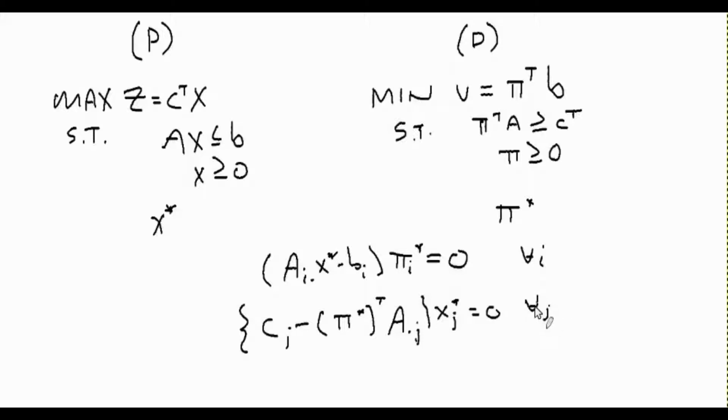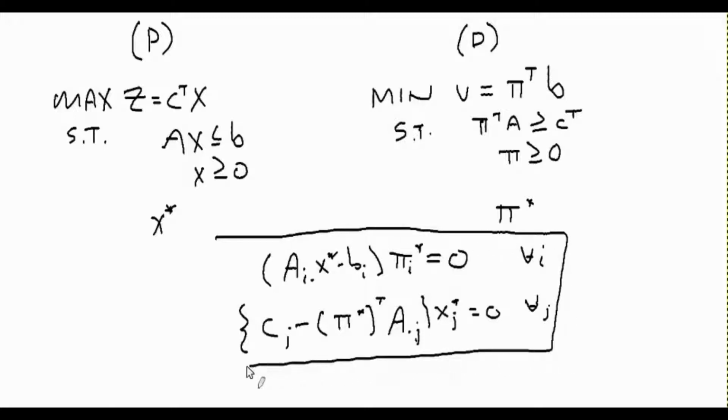So there's one equation for each row of A, and one equation for each column of A. These two together constitute the complementary slackness conditions for the linear program P.